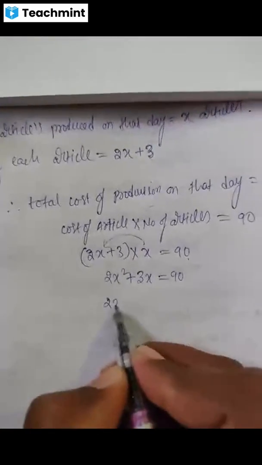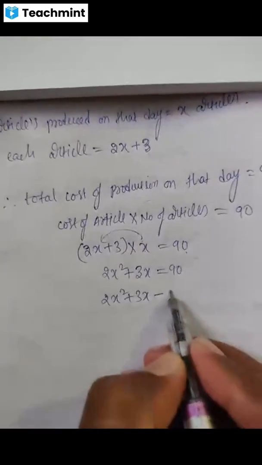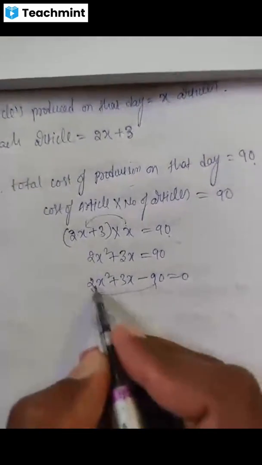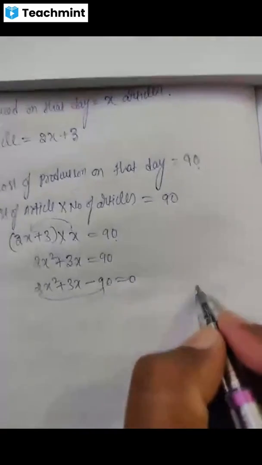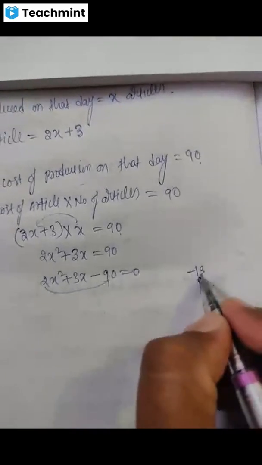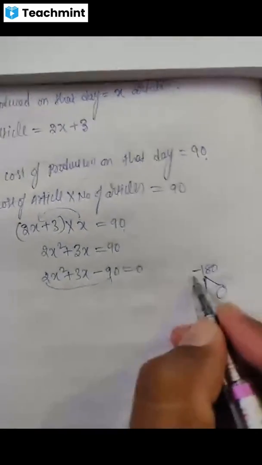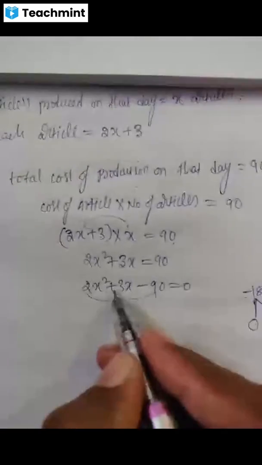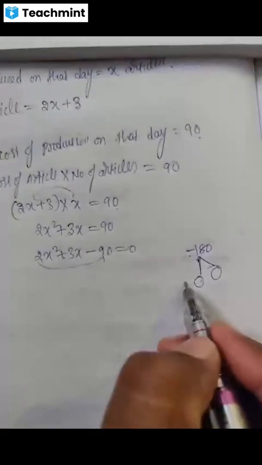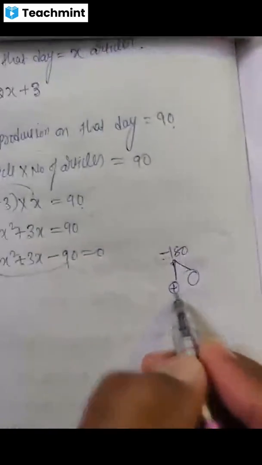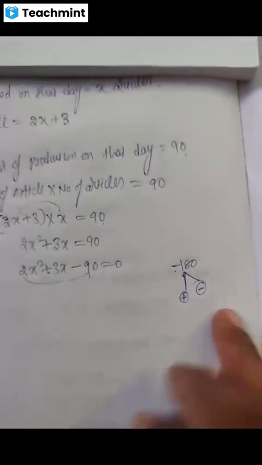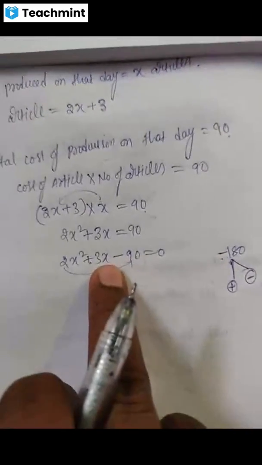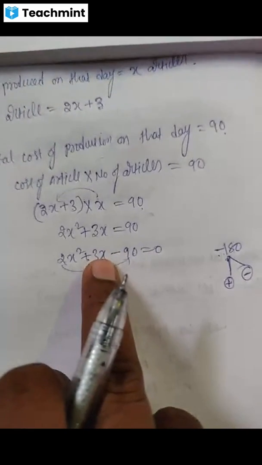So 2x square plus 3x minus 90 equal to 0. So this is not minus 90. 2 into minus 90 is minus 180. The last factor is minus, which means one factor is plus, one factor is minus. It depends on the middle factor. The middle factor is plus, so the greater factor has a positive sign, the smaller factor has a negative sign. So we have to increase this. We take 3 as 4, 5, 6, 7, 8, 9, 10.